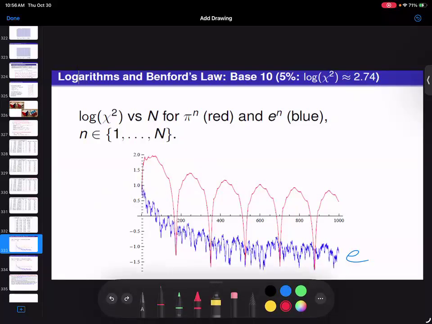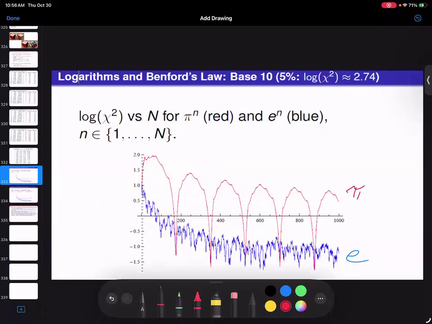What about the values for chi-squared coming from pi? Do you notice anything interesting? It looks periodic. Perfectly periodic? Not perfect. So the amplitude is decreasing. Maybe almost periodic with amplitude decreasing.